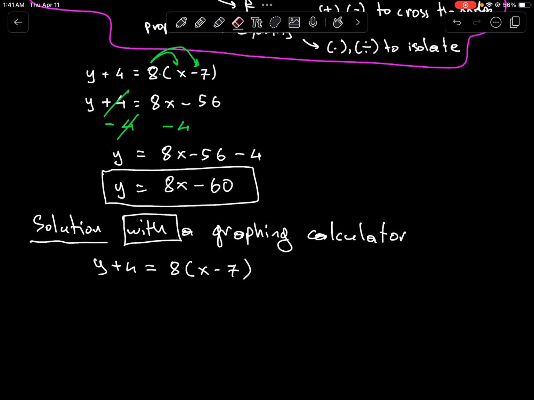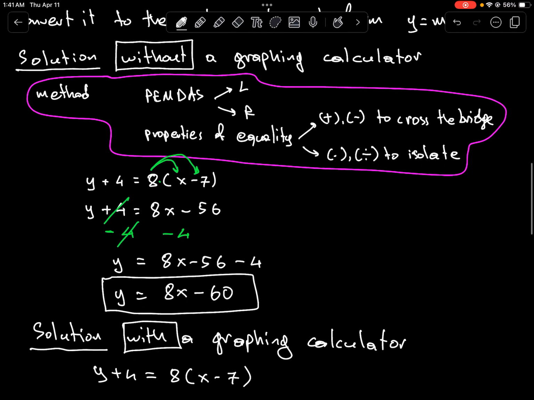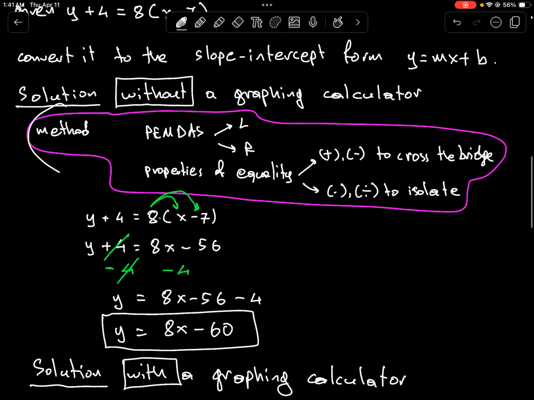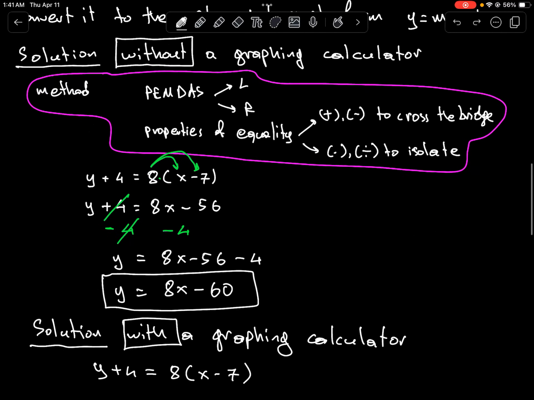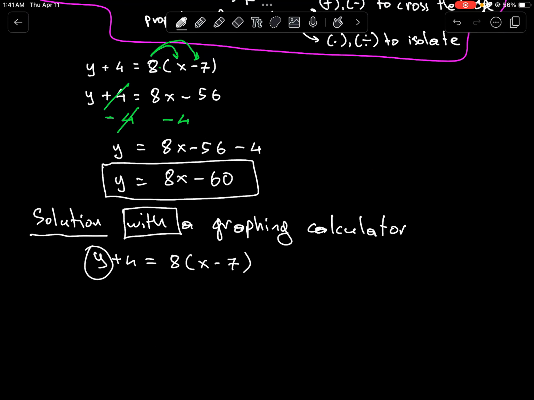So what I'm going to care about in this solution is not to apply this method with the PEMDAS to the left, PEMDAS to the right, and then all the properties of equality. I just need the y to be by itself. I don't care about what happens here. I'm not going to do anything to it to minimize the algebraic steps, but I am going to isolate the y.